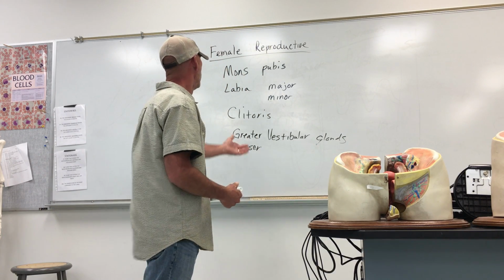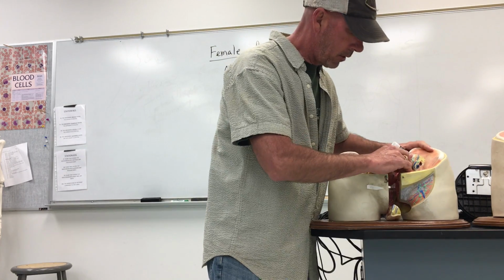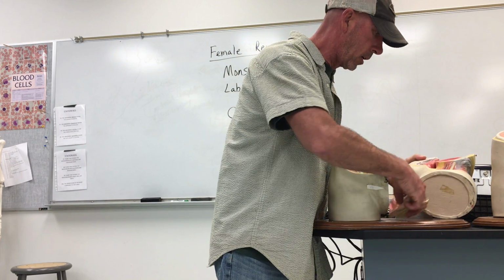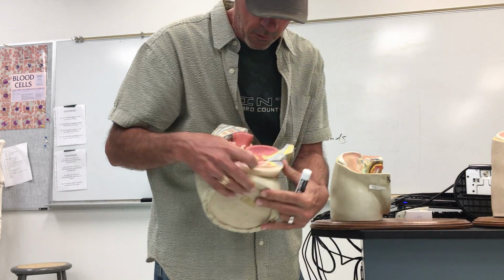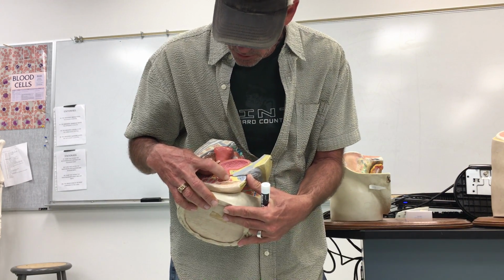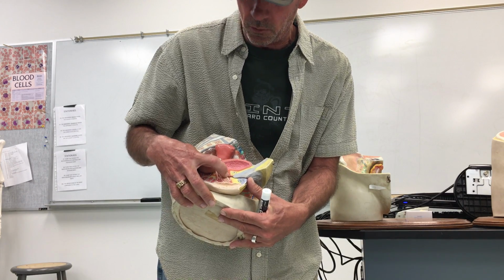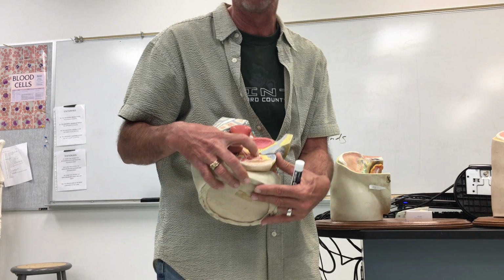Let me just go ahead and hit another gland. There's some scattered tissue here, and it's really hard to see in this model, but right here, there is a tissue right near the urethra in the female.